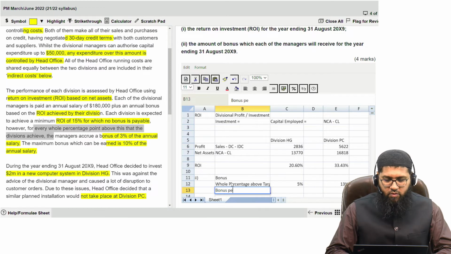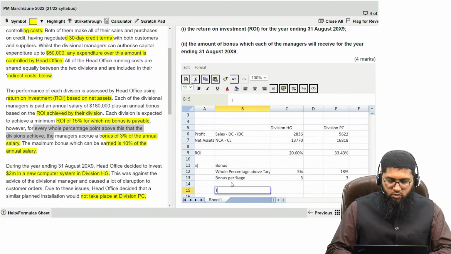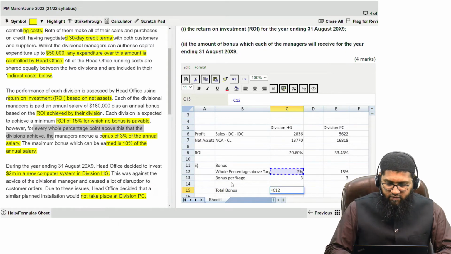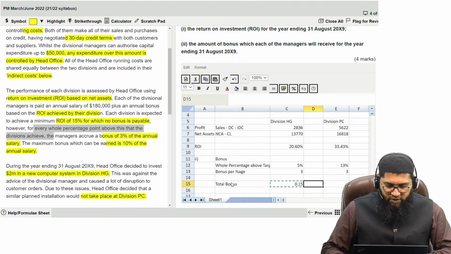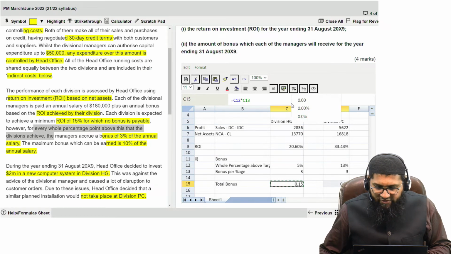Bonus per percentage is 3%. Total bonus is this into this, and this into this.